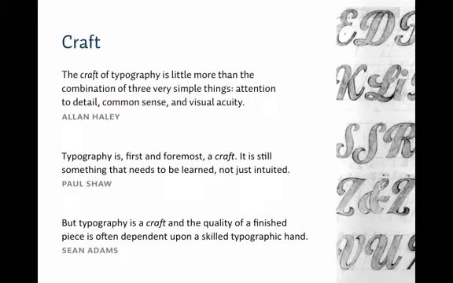Designer and design historian Paul Shaw believes typography is first and foremost a craft. It is still something that needs to be learned, not just intuited. Shaw's method for teaching typography at Parsons and SVA, as explained in his essay Teaching the Parameters, is to intertwine practice, history, and theory in that order.